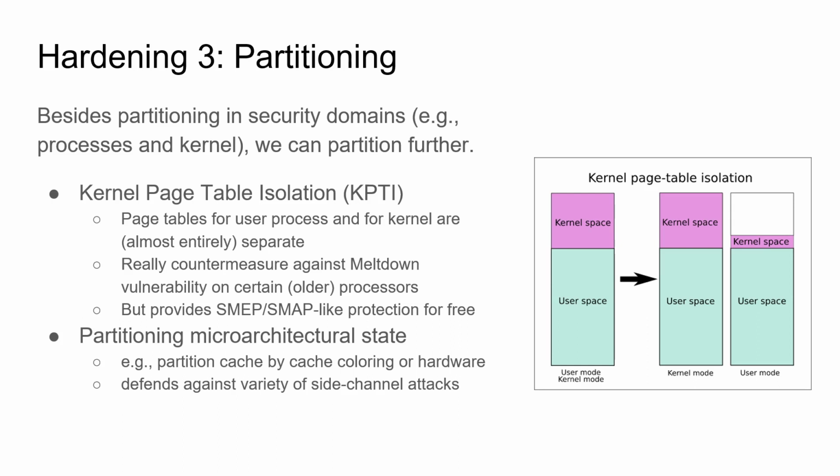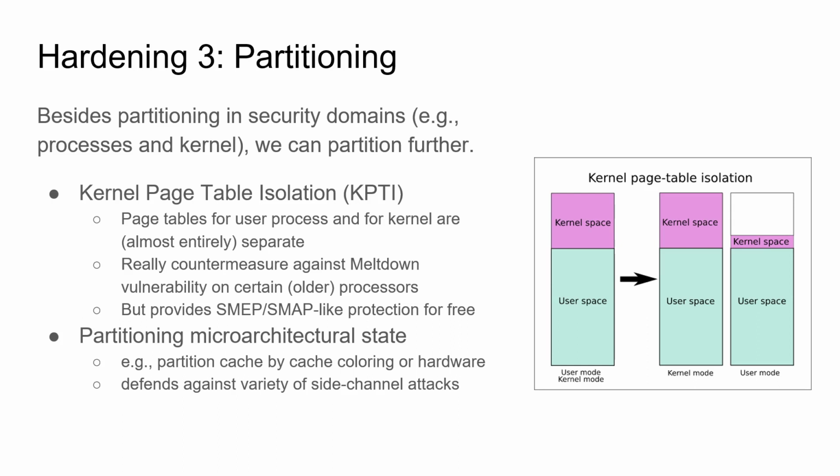But now, with this new kernel page table isolation, whenever we trap into the kernel from user space, we also have to change the page tables to the kernel page tables, and that is more expensive. Okay, so unfortunately, we had to do that, at least on the processors that don't have hardware mitigations against Meltdown.